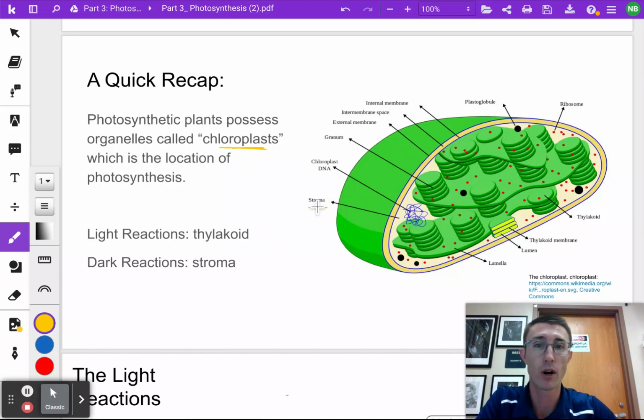So if we look at where those are located, just from a location sense, the stroma is kind of filling this up, and then we've got these thylakoid membranes, these kind of stacks of thylakoids that are present inside this organelle, and so this is where our light reactions are taking place.